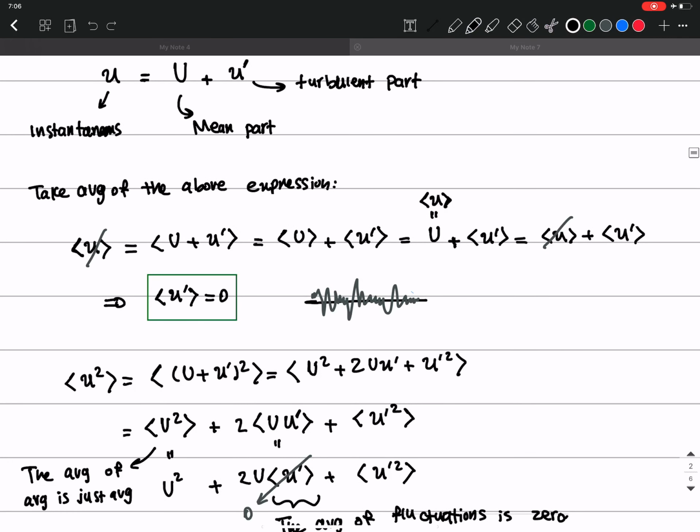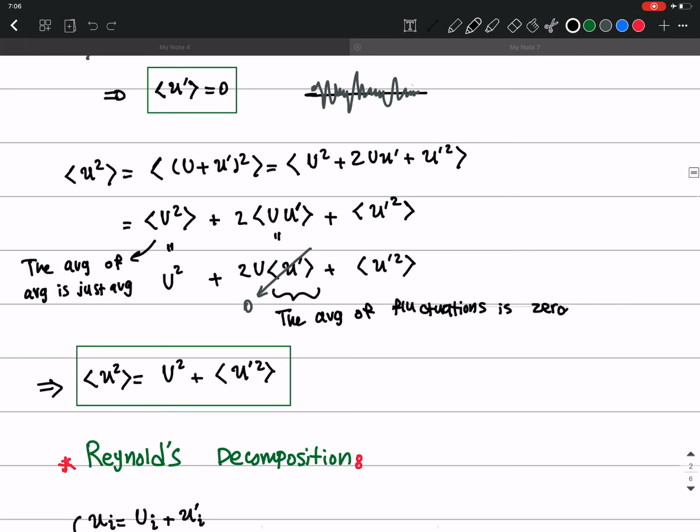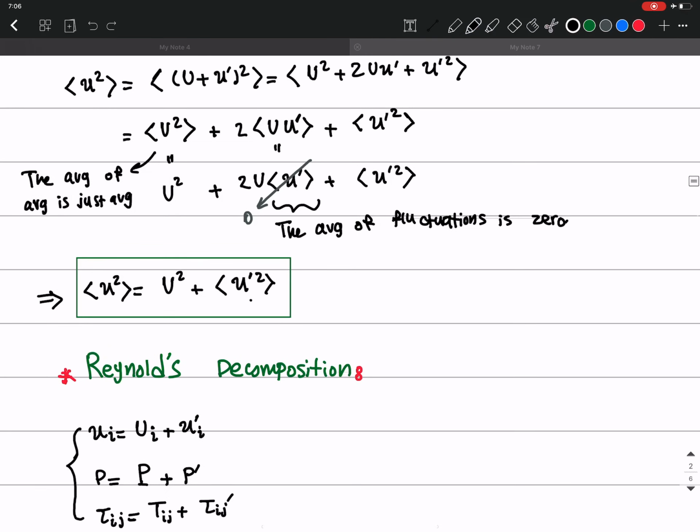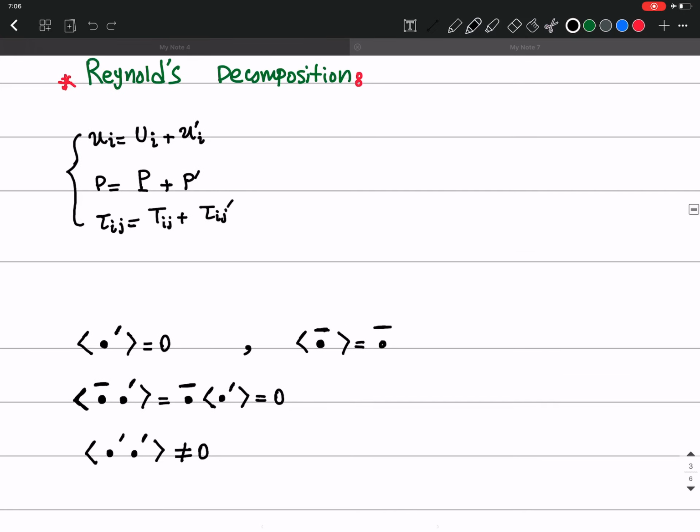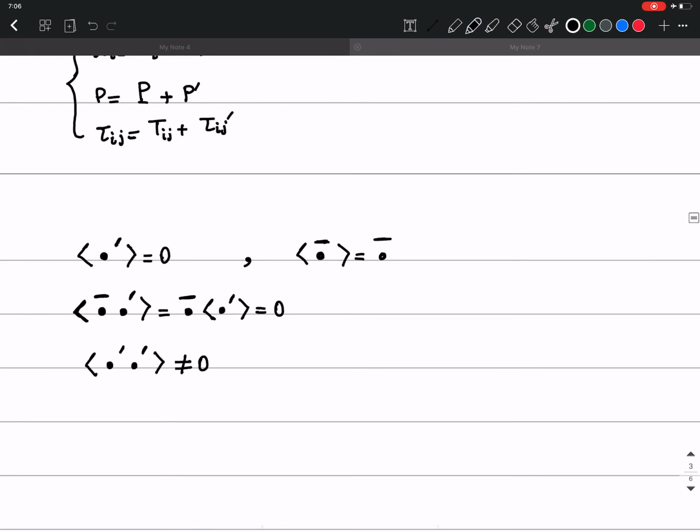Again, because these are always going to be a positive number, unlike here, that can have positives and negatives. Even if they are not squared, if there are two different variables like u prime and v prime, if you take the average of that, it's not necessarily 0, okay?